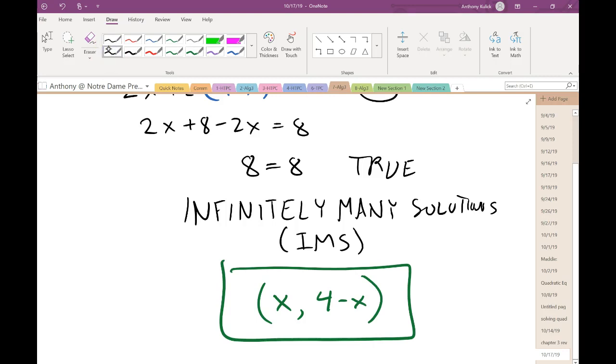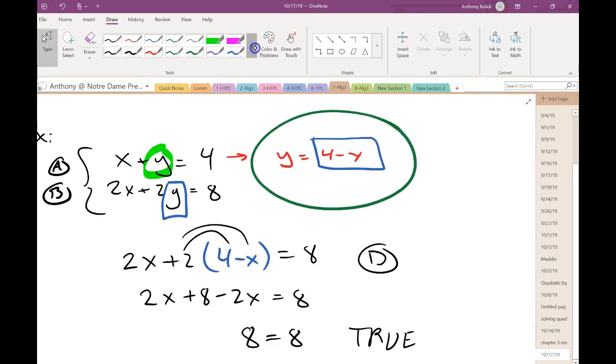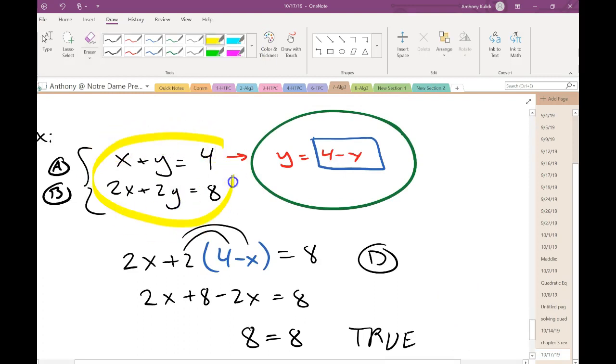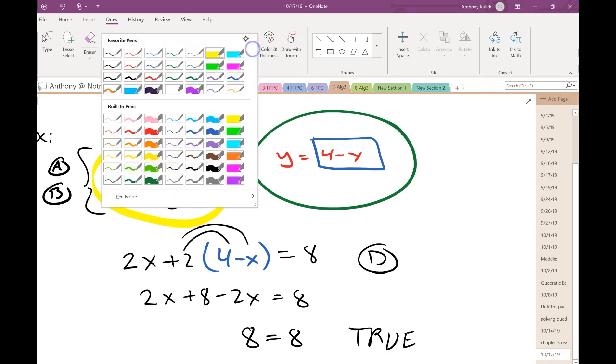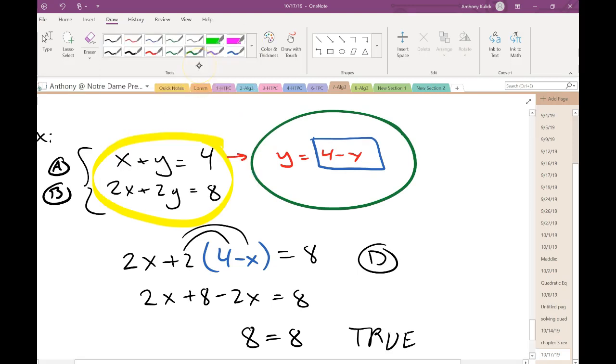Okay. So one more takeaway here. If I look at this infinitely many solution situation, do you notice anything about these two equations?